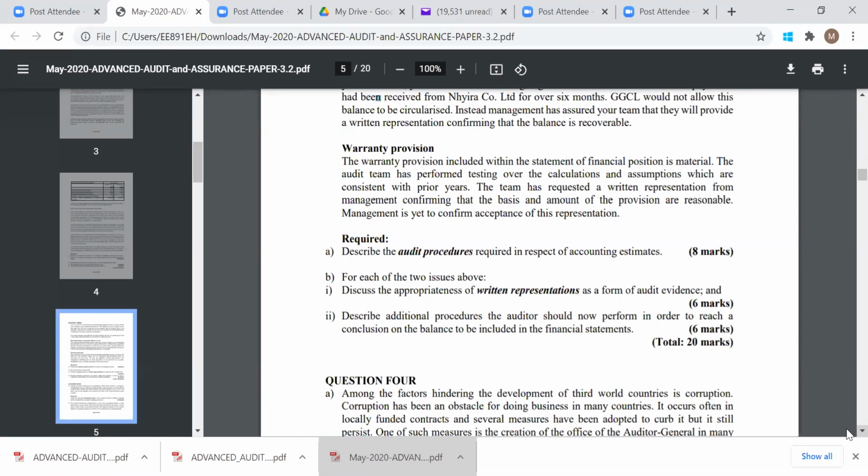Usually auditors won't go that route because they are auditing the clients, not auditing the data or the receivable.